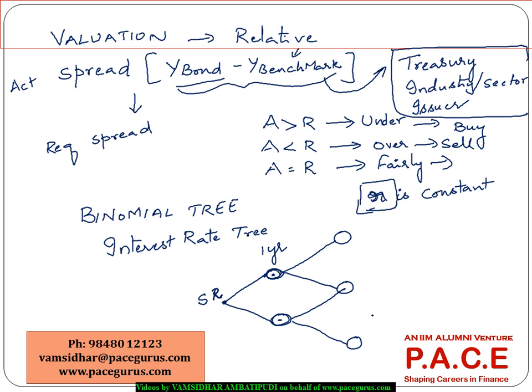So this is a kind of tree that we are trying to build, filling in the interest rates at each of the periods. What could be a 1 year interest rate or 1 period interest rate at each of these points, and with what probabilities we can expect that this particular interest rate can come out at each of these points.